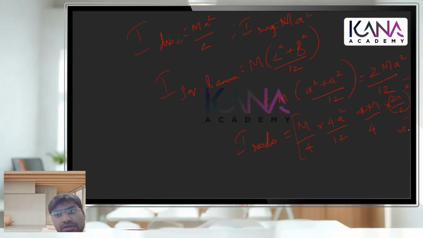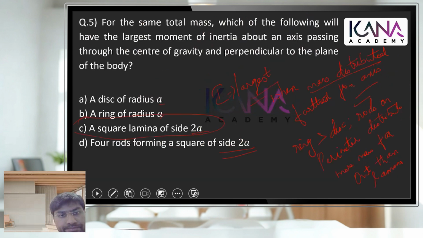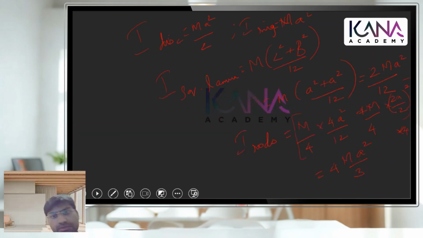All of this is multiplied by 4 times. So this will be 4 m a square by 3. So we have to find the largest moment of inertia. So that's for C, the square lamina.